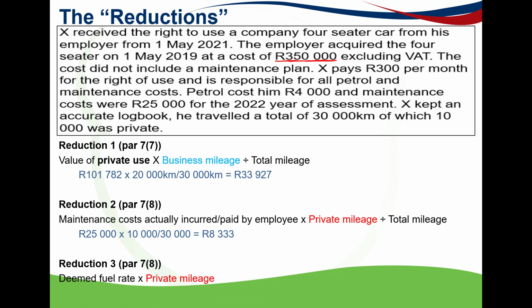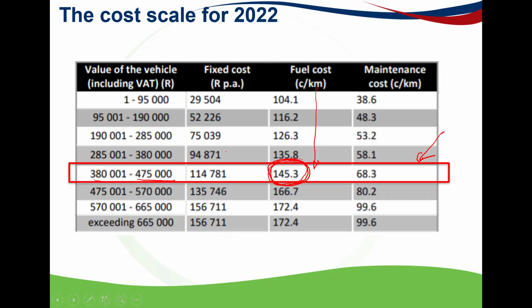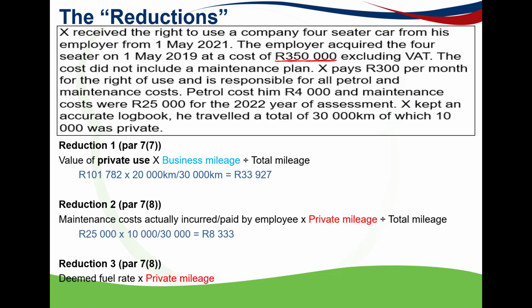Now, if we take that theory that we've just learned in terms of the deemed cost scale, we'll use that 145.3 cents and apply it to our information. It will therefore be as follows. It will be that 145.3 cents times 10,000 kilometers.